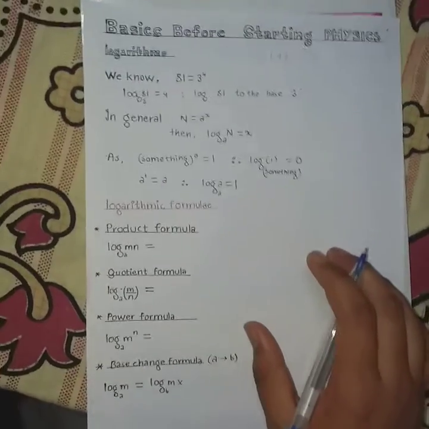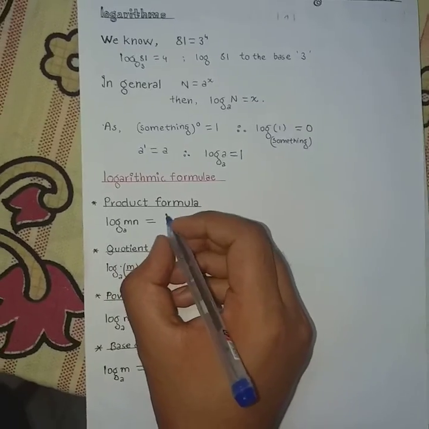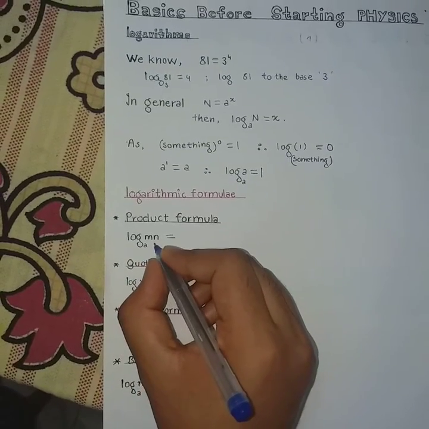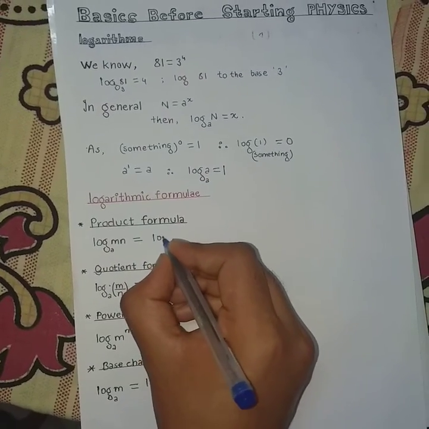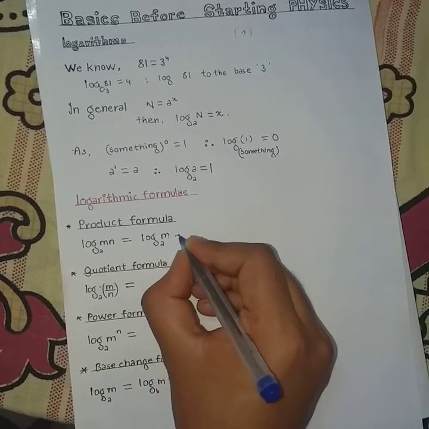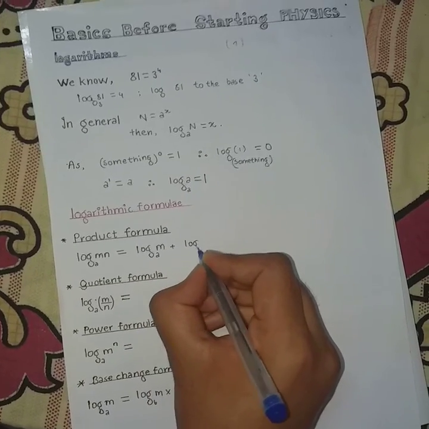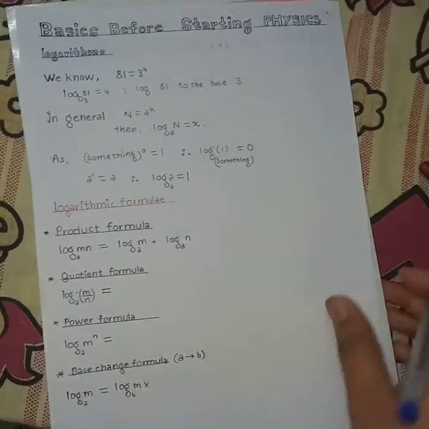Now we move to logarithmic formulae. How can we deal with them? If it is given log mn to the base a, then we can write it as log m to the base a plus log n to the base a.